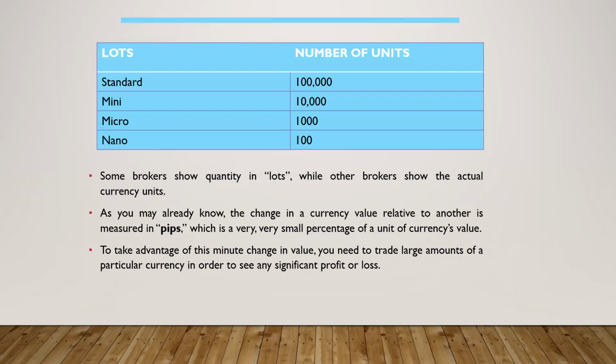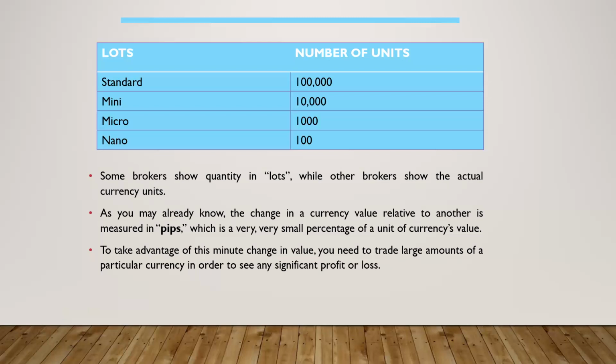To take advantage of the small movement in value, you need to trade large amounts of that particular currency. It's like your purchasing power. You understand? Let's say the lot is your purchasing power, then the PIP is the significant movement the currency has made.